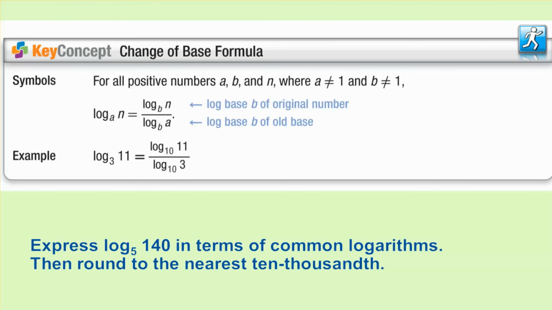Change of base formula. Another great little formula here. Let's take a look at the math speak. For all positive numbers a, b, and n, where a does not equal 1 and b does not equal 1, log base a of n is the same as log base b of n over log base b of a. Okay, what does that mean? Well, notice that we have an a in the base and an n as the argument.